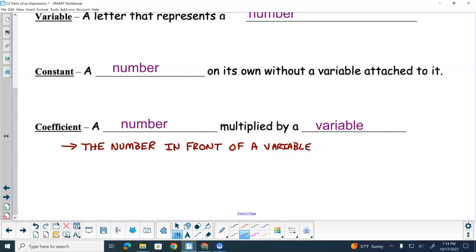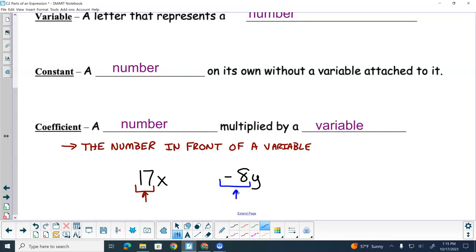If we had something like 17x, 17 here would be the coefficient. If we had something like negative 8y, negative 8 would be the coefficient.